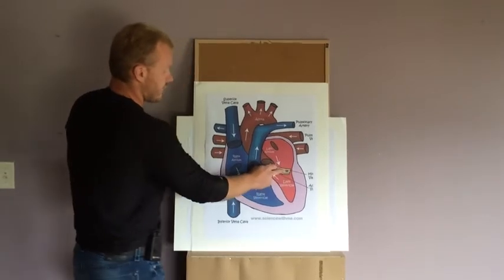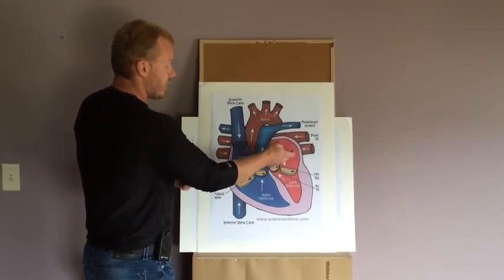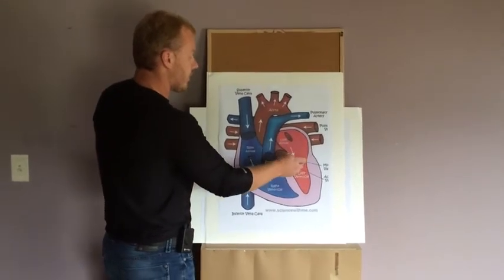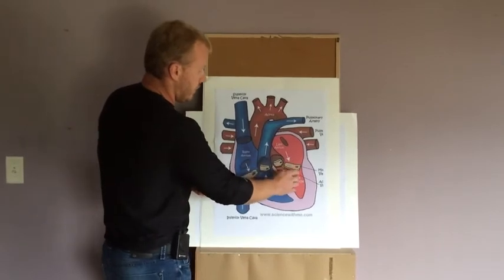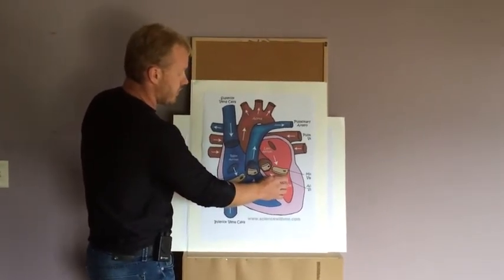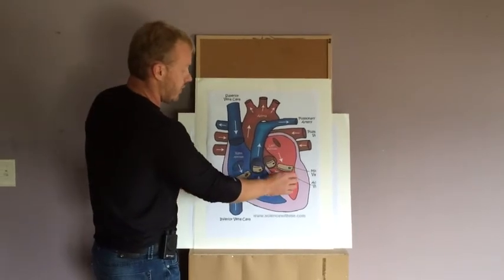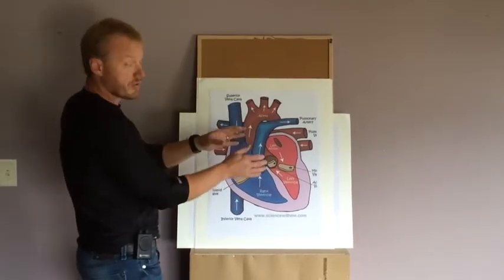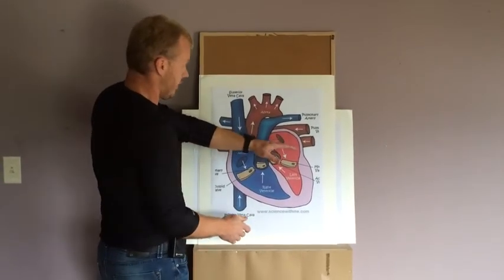Now, the mitral valve separates the left atrium from the left ventricle. Once the left atrium is filled with oxygenated blood, the mitral, or sometimes called bicuspid valve, will open, allowing the oxygenated blood into the left ventricle. When the left ventricle is full, it will actually shut, allowing the oxygenated blood to stay in the left ventricle and not backflow into the left atrium.